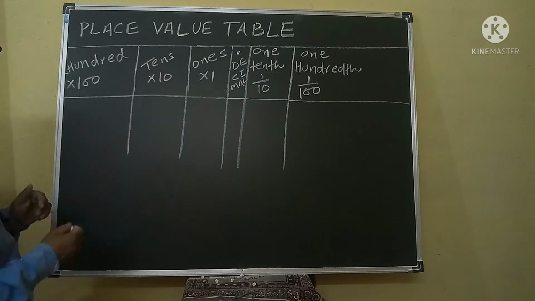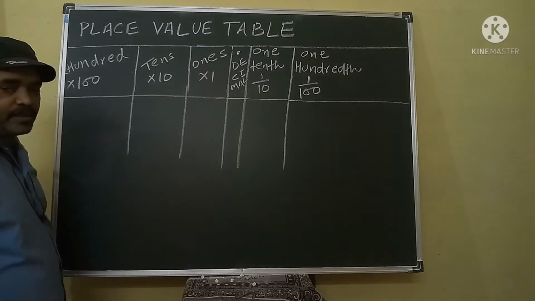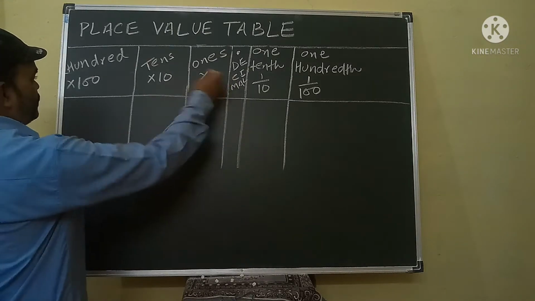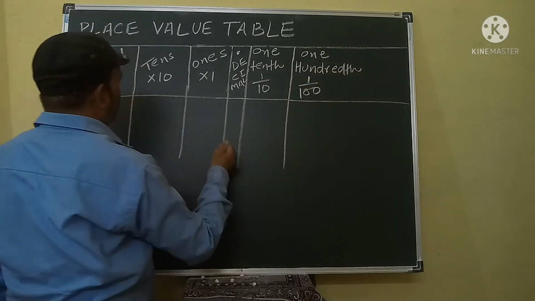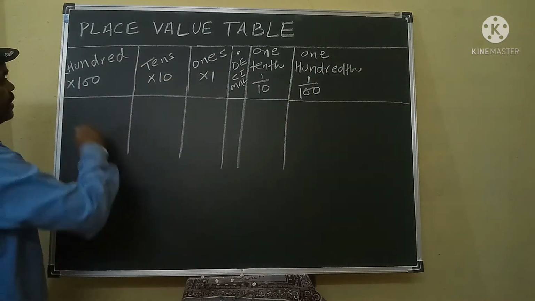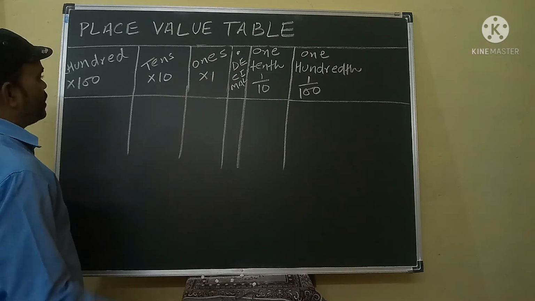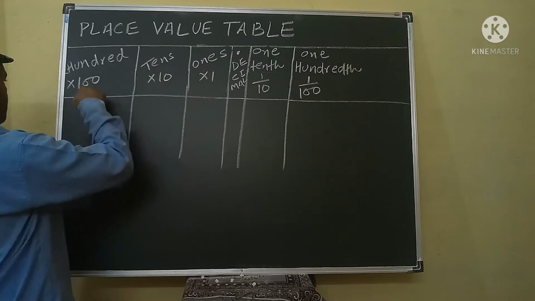In the left part of the decimal place value table, this is ones, tens, hundred.